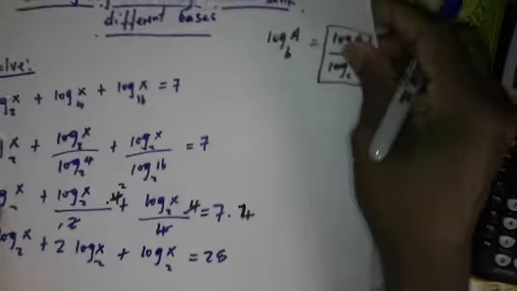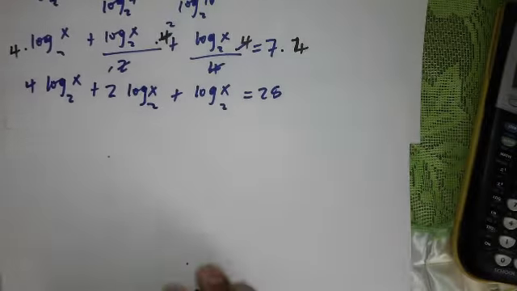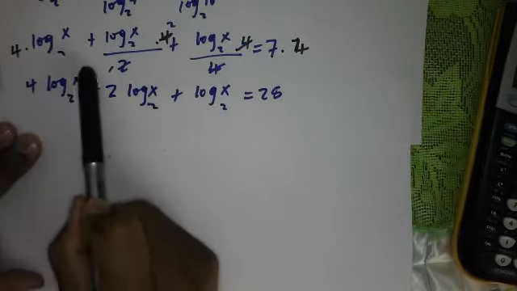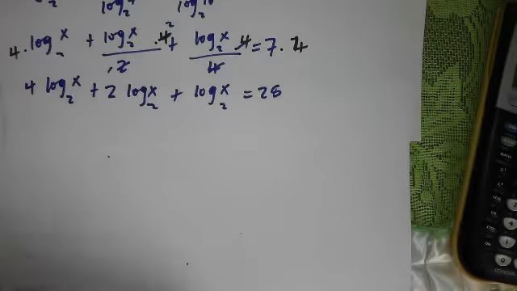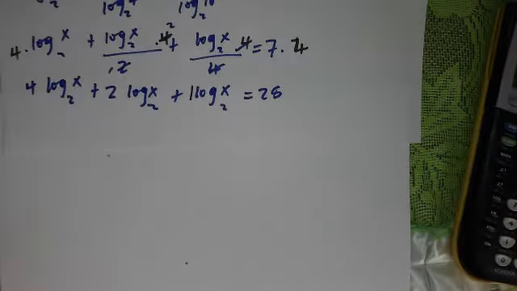Okay? Alright. So let's make some room here. Alright. Now look at it. This is 4 log x base 2 plus 2 log x base 2 plus I could put a 1 here, so that is 1 log x base 2 equals 28.